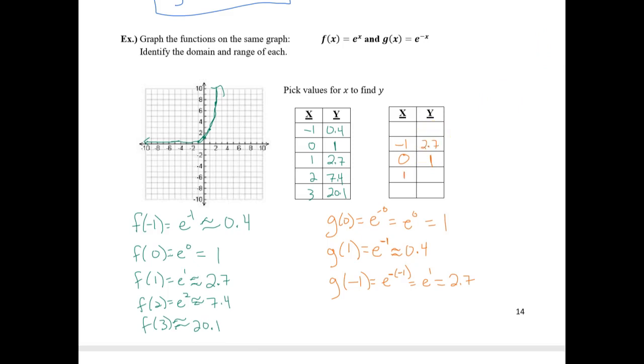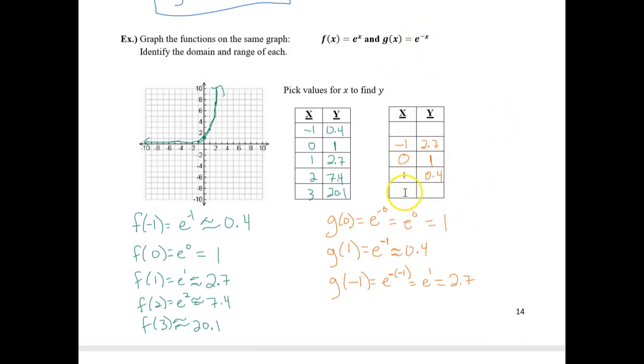When we did +1, we got 0.4. Right? So it's kind of flip-flopping our values here. Instead of +1 giving me 2.7, it gave me 0.4, and -1 gave me 2.7. It's because of this negative exponent here, it's changing our signs, and negative exponents take the reciprocal.